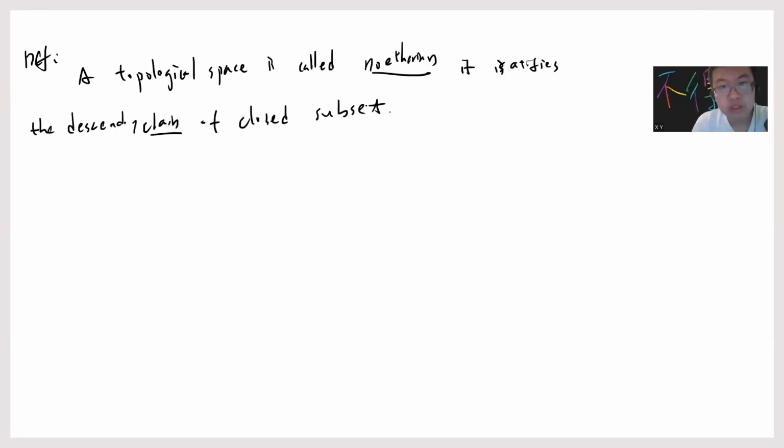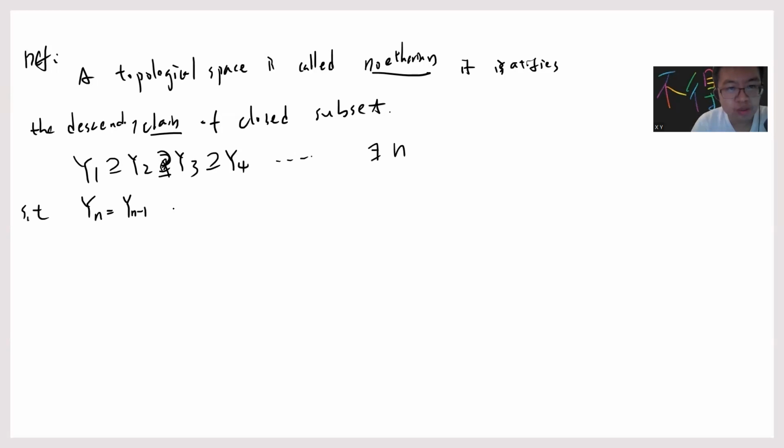So the idea is the following. If you have Y1 ⊃ Y2 ⊃ ..., which are all closed, a descending chain, then there is an n such that everything is the same: Yn equals Yn+1 equals Yn+2, and so on. This is almost the same as the noetherian ring, right?